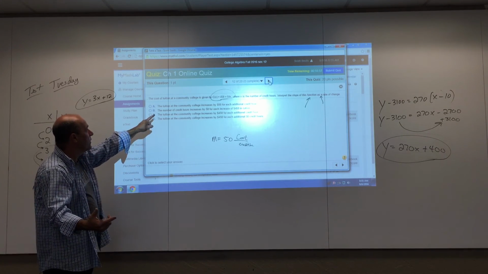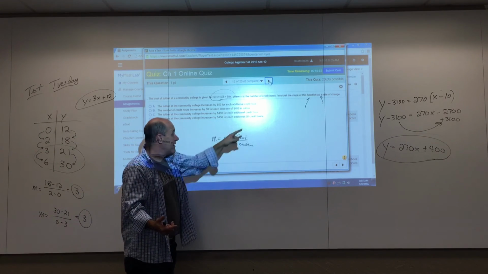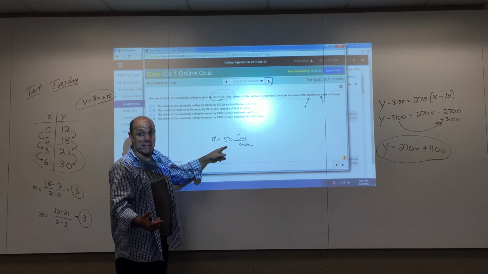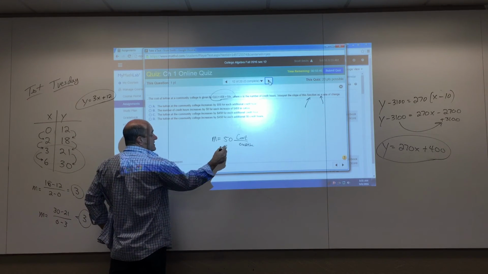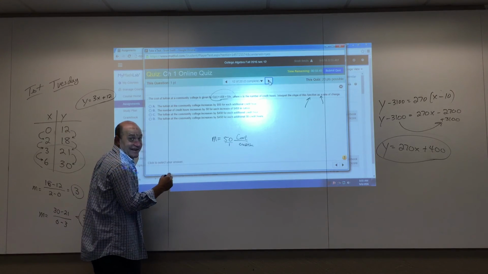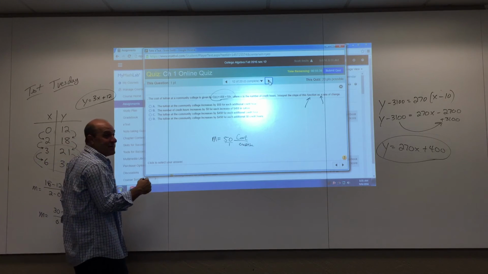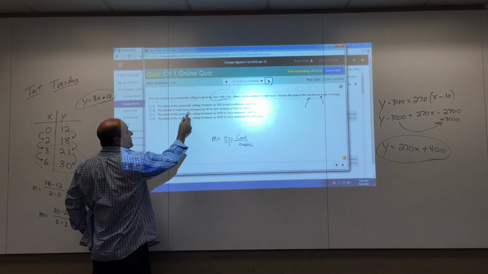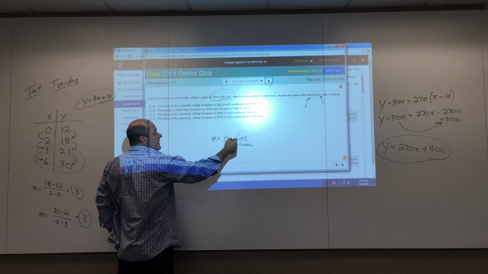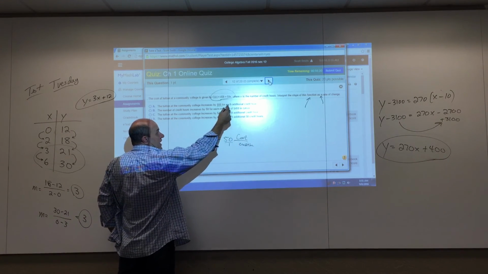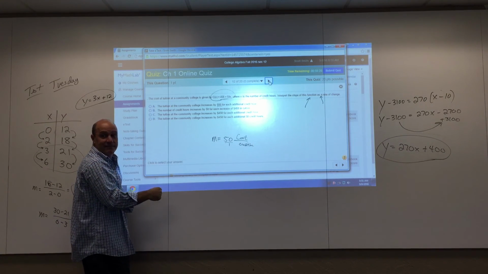So the tuition increases $50 for each additional credit hour. See, it is 50 over 1 when you think of 50. I think that's it, you guys. You shook your head at me, but I think that's it. The tuition increases $50, because it is a positive 50, per additional credit hour. I think that's what it is.